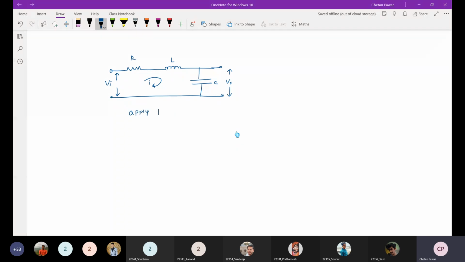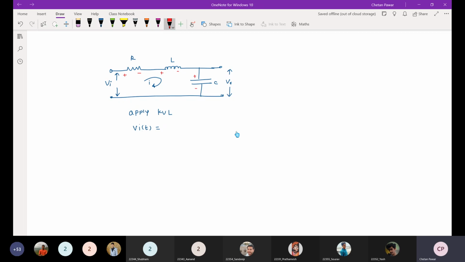So I apply KVL, Kirchhoff's voltage law. I will be the current through that loop.